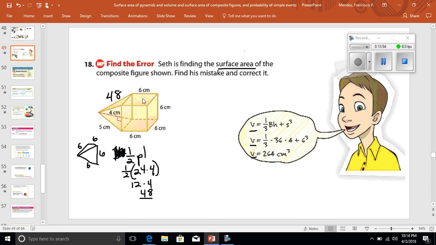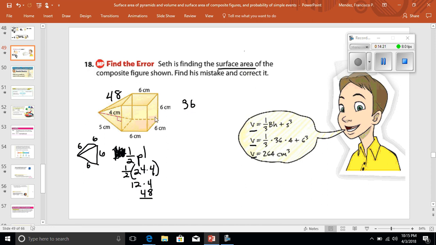Now we have to find the surface area of our cube. Now the cube could be pretty easy to find because everything is 6 by 6. So if we're going to use the cube as a surface area, then we know that we have, well, 6 by 6. One base is going to be 36.